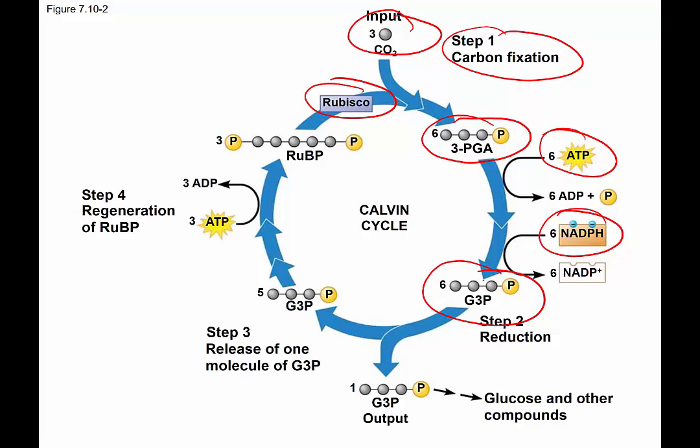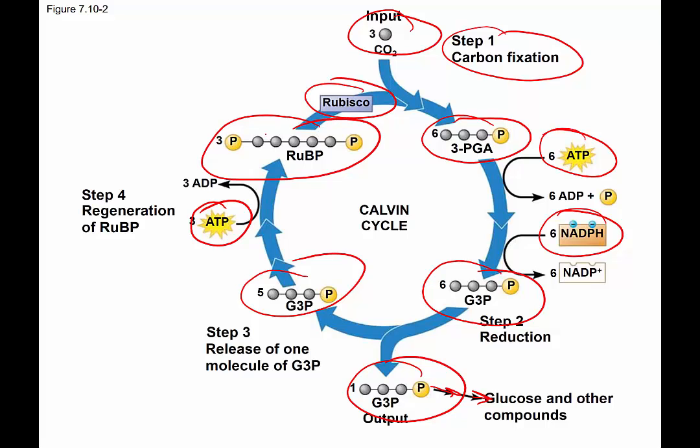This is one of the metabolic intermediates of glycolysis that we talked about in chapter 6. One of those G3P molecules can be used to make sugars. So through some more steps, we actually have glucose formed. The rest of those G3P molecules, though, get sent back through the Kelvin cycle. We have more ATP invested, 3 more, and we're back to our starting molecule right here.